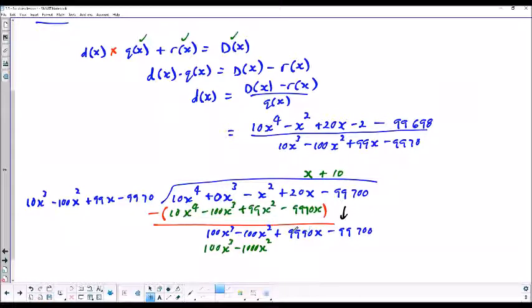Then I have 10 times 99x, which gives us 990x. And 10 times negative 9,970, sorry, 99,700. Again, subtracting.